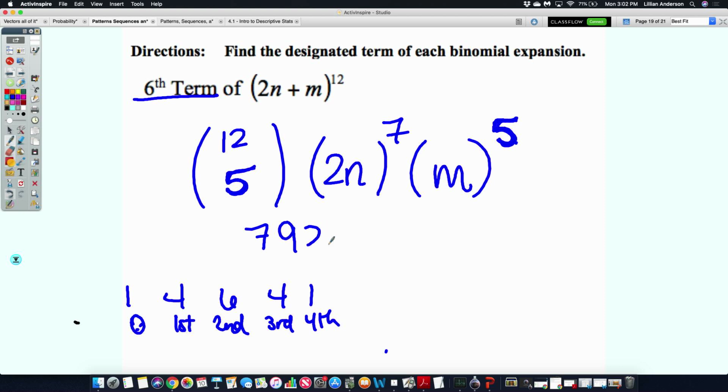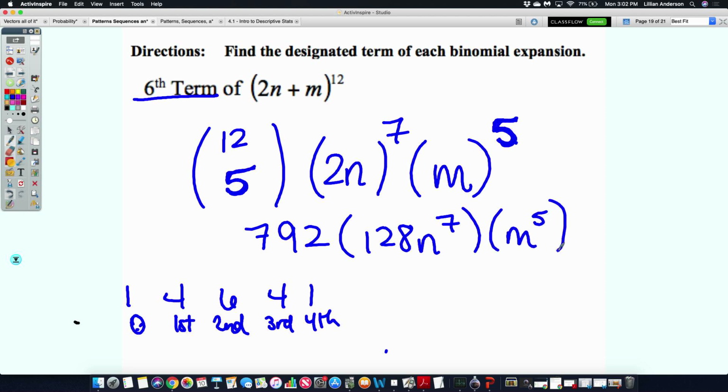Yep. What's 2 to the 7th power? 128. Becomes 128 into the 7th times m to the 5th. Give me the numbers. 7th and to the 5th. And that would be your 6th term.